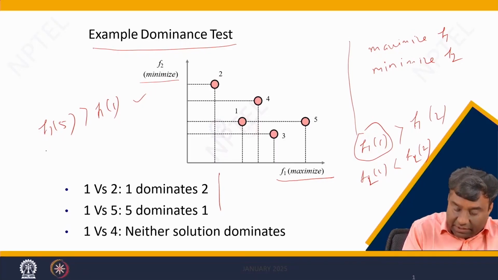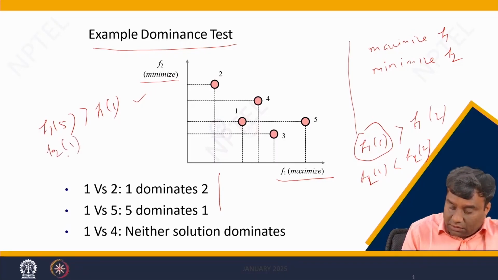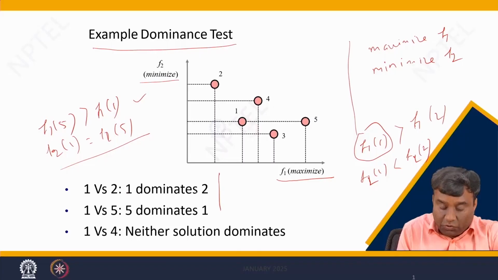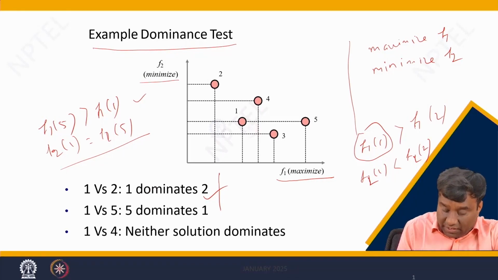Now F2 of 1 is equal to F2 of 5, at the same height. So 1 dominates 2 because F1 of 1 is greater than F1 of 2, and F2 of 1 is less than F2 of 2. So that's why it is dominant.